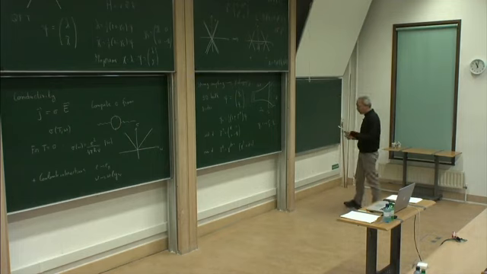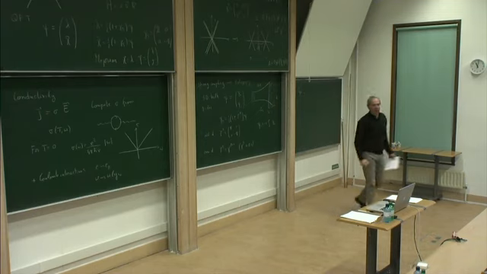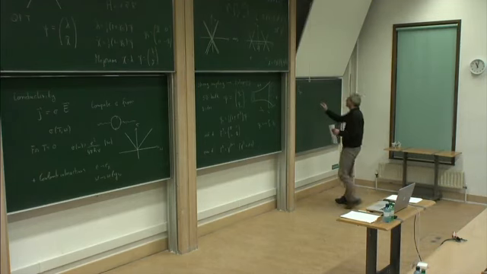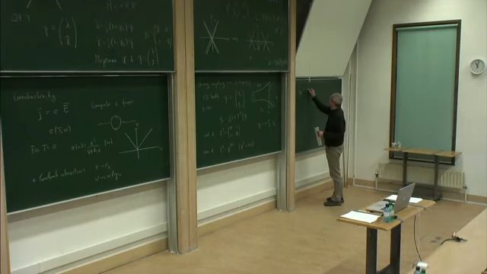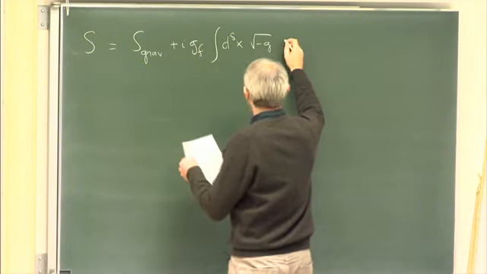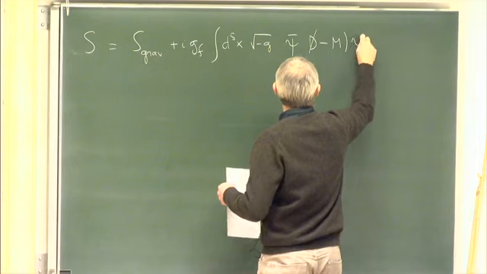So what I'm going to do is consider bulk actions, or total actions, which are your favorite gravitational system. It can be Einstein-Maxwell for black holes. Then I have my bulk fermion, my Dirac fermion, the integral d5x square root minus g psi bar (D slash minus m) psi.